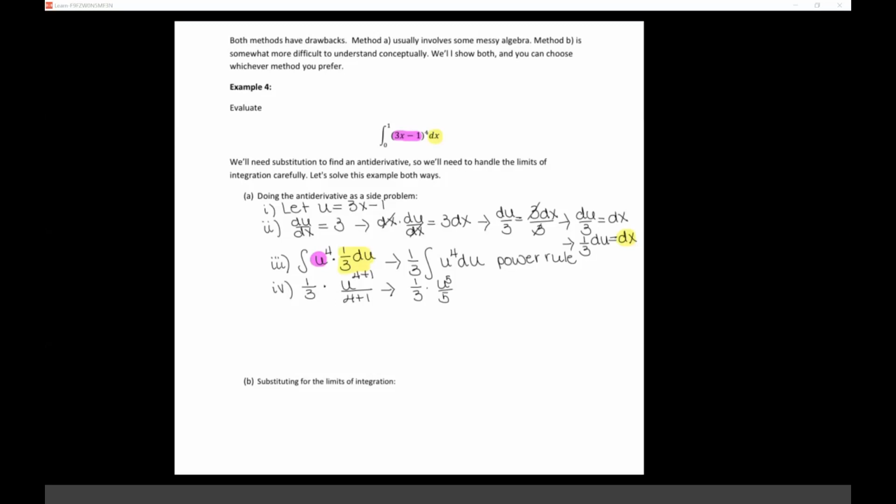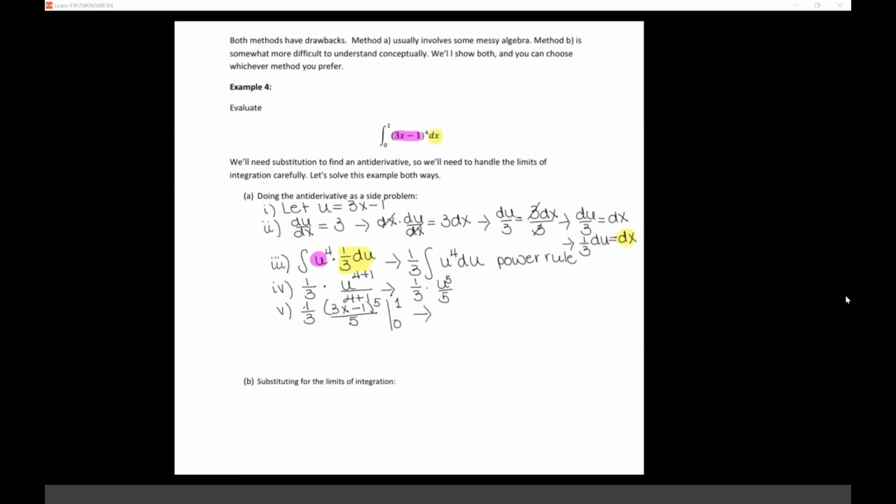And then I need to substitute back. So this is 1/3 times 3x minus 1 to the 5th over 5. Now I need to evaluate it at my original bounds, 0 to 1. Now here's the trick with definite integrals. Pull out as many coefficients as you can.